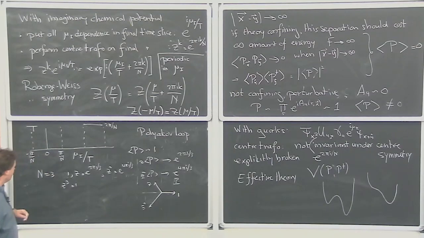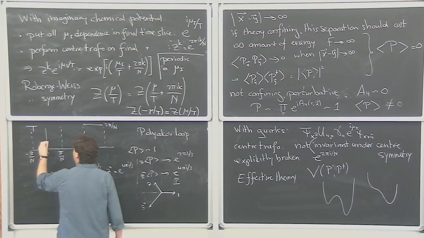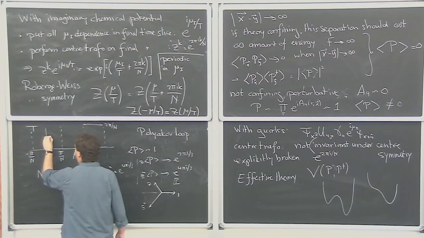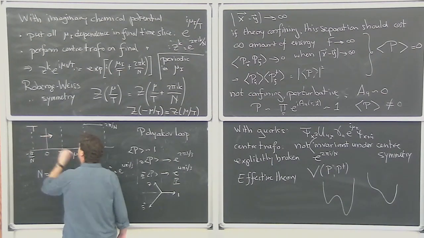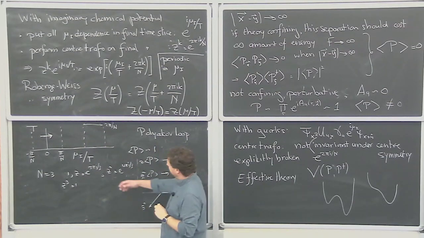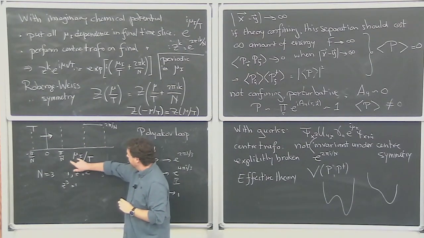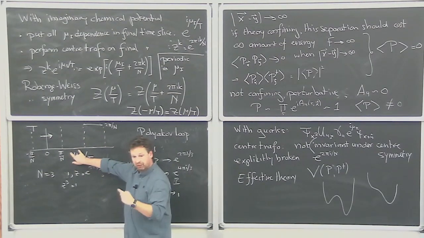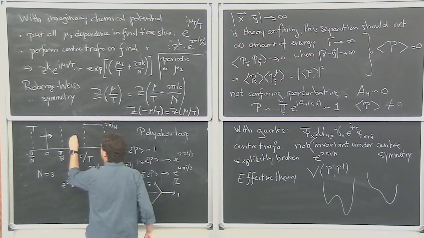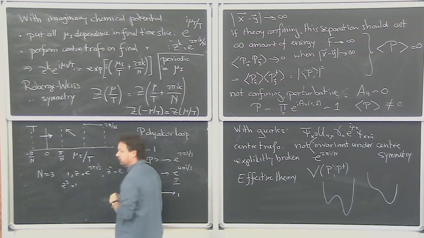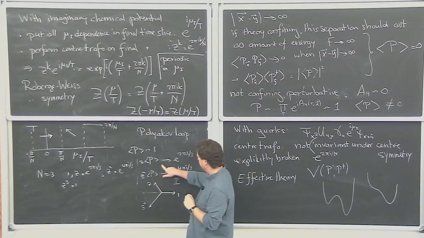And so if the expectation value of the Polyakov loop is, say, 1 in absence of chemical potential, so it points in this direction, if I then go to higher values of imaginary chemical potential, I'm effectively doing a center transformation, and so the expectation value will point in this direction.